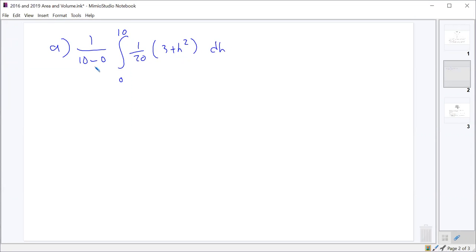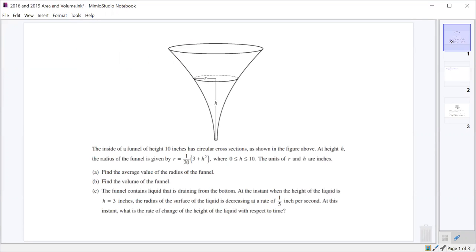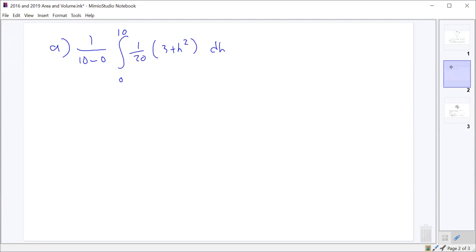Right? 1 over b minus a times the integral from a to b of your function. That's the average value of a continuous function. This radius, it's a continuous function. The radius is given by different values of h, which we could look at as x's and y's if we wanted to. But good or no? With the beginning of that being the setup for part A.